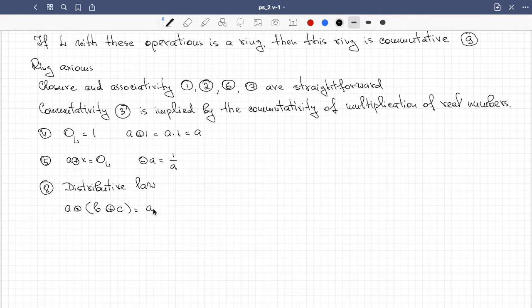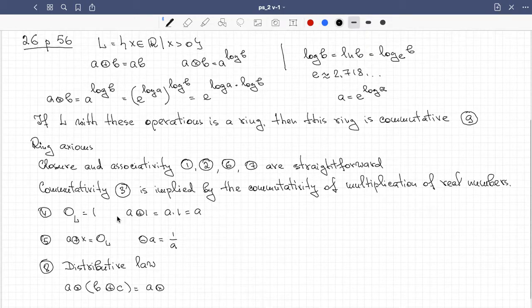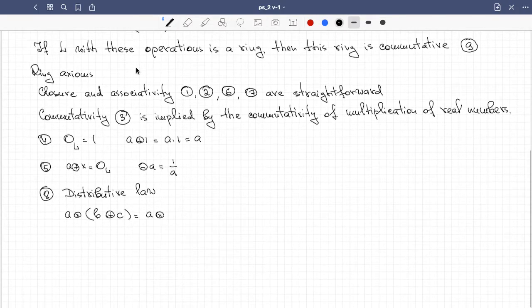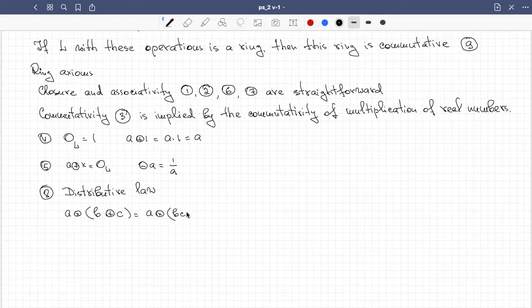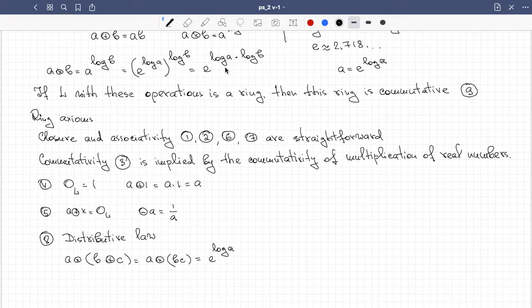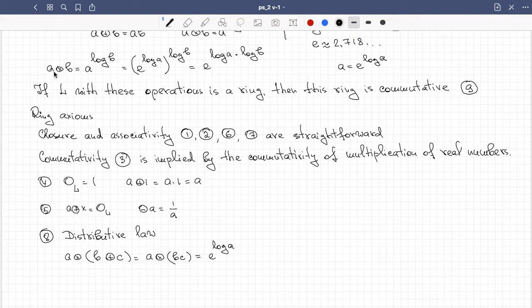So this is A in circle, but this thing, B plus C, by definition, this is the product of two reals. So this is simply BC. And this is equal to, now I will write it this way, e to the log a. This is still a. I want to multiply, and multiplication here is something times in circle something is e to the log this times log this.